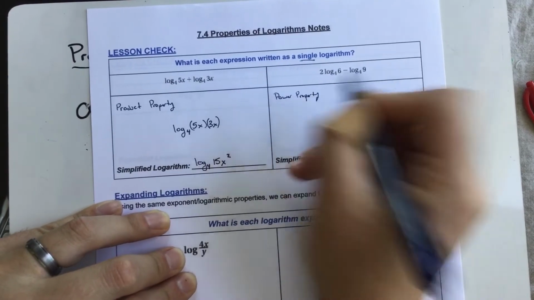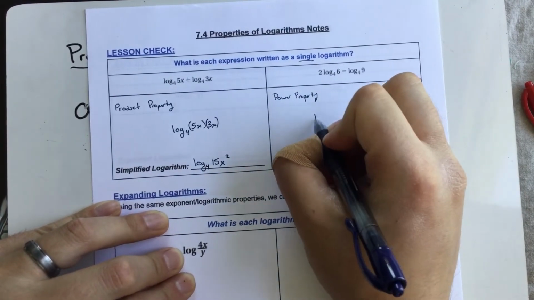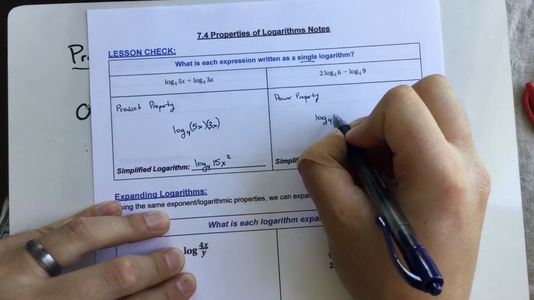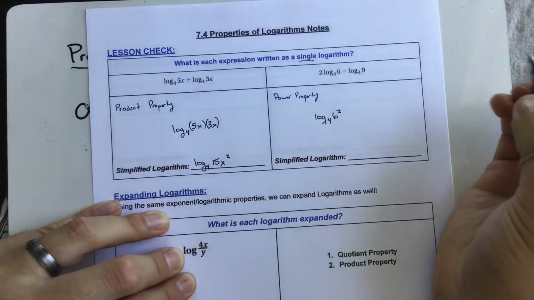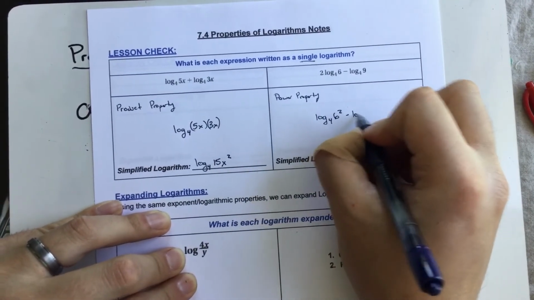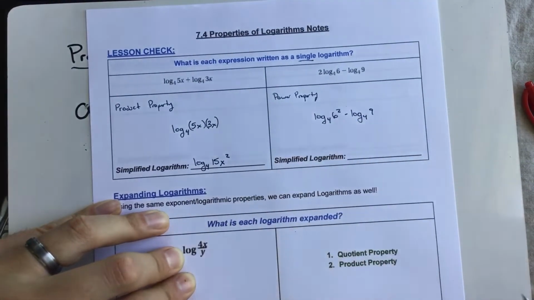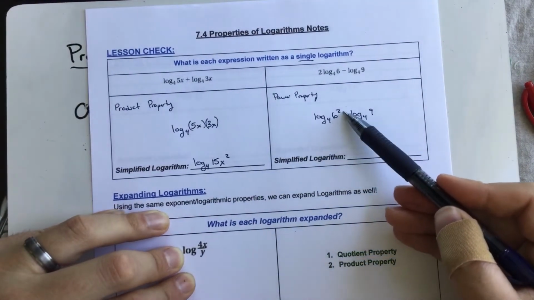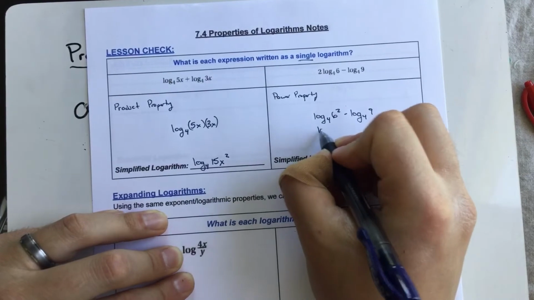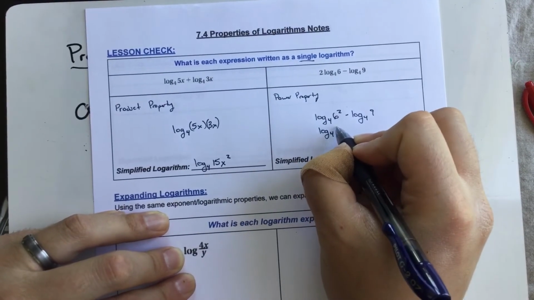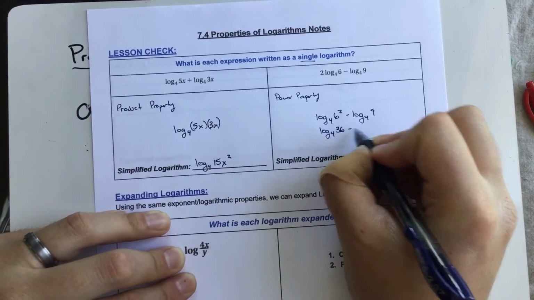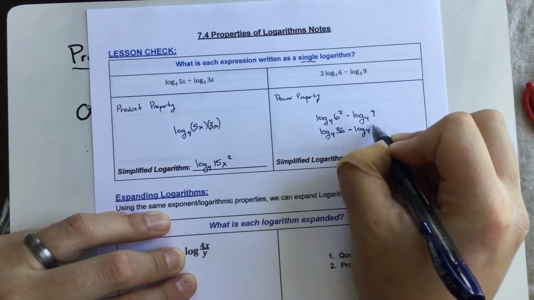Power property should be first here, so I'm going to write log base 4 of 6 squared minus the log base 4 of 9. I can simplify that. So log base 4 of 36 minus log base 4 of 9.